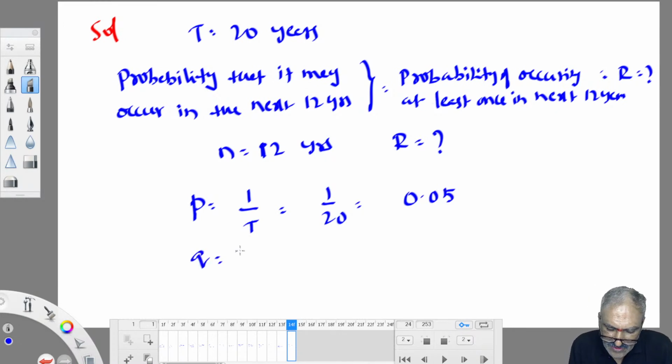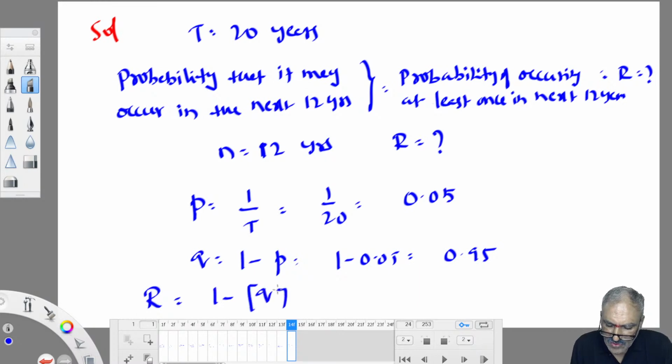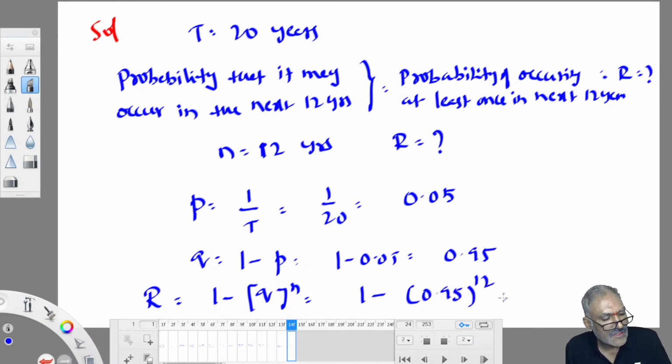Then Q is equal to 1 minus P, 1 minus 0.05, so 0.95. So what is risk? R is equal to 1 minus Q power n, so 1 minus 0.95 to the power 12. Come on, let us work it out. You can use calculators because in the exam a calculator is allowed. A virtual calculator is provided to you.